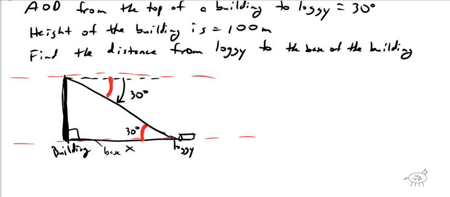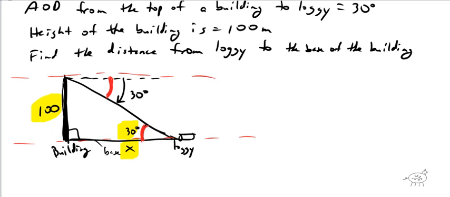I didn't mark this yet, but this is 100 meters high. So all you need is one angle and one side, guys. And then when I'm looking for x, it's easy. So remember, what trig function am I going to use? Well, I have this side right here, I'm looking for x, and I have this angle right here. This doesn't use the hypotenuse, so I'm using opposite and adjacent.